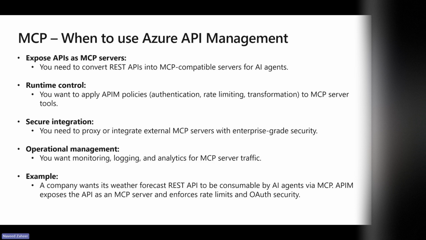You can do logging, all of that. So that gives you, number one, ease of use, because your REST APIs just go as MCP servers. Since through policies you can secure them, you can govern them, and you can set up logging and analytics to see how the traffic is going and how these services are being used.